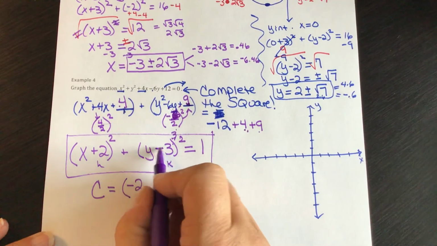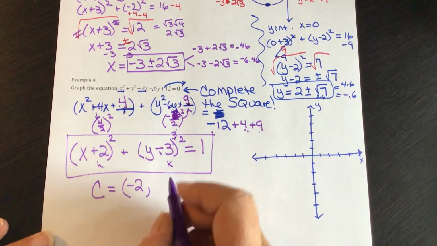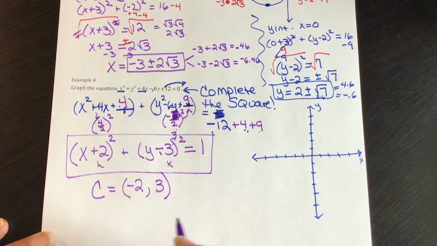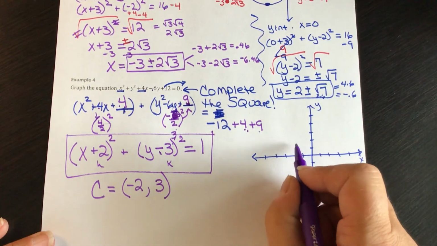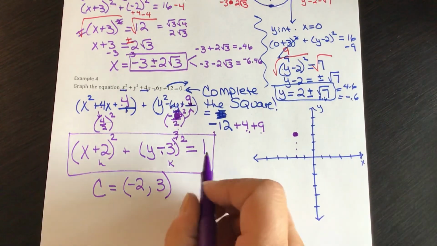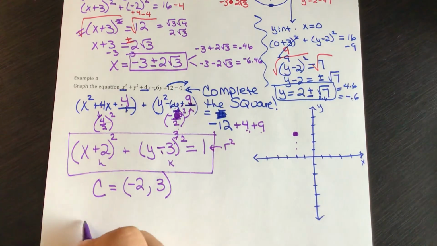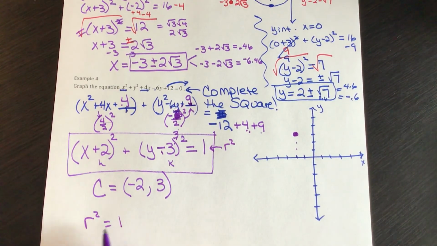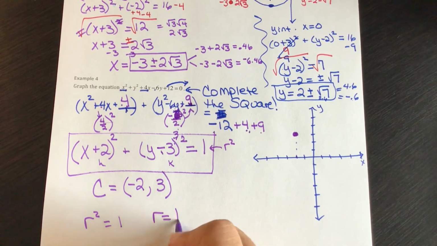Our k value is the opposite of what's in the parentheses with y, so that would be 3. So this is the center of our circle, negative 2, positive 3, right here. And this number is r squared. So if r squared is 1, the square root of 1 is 1, so the radius is 1.